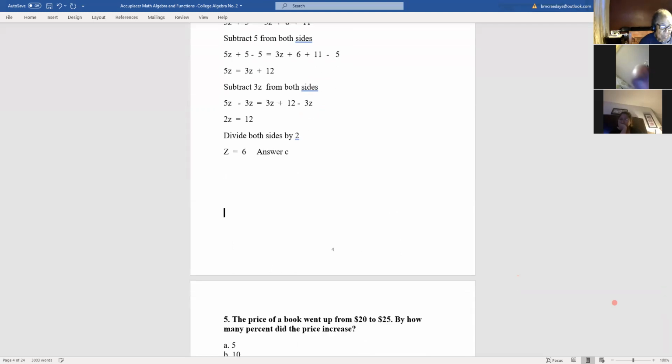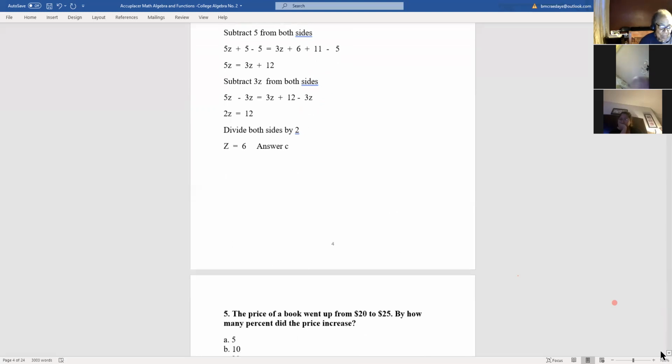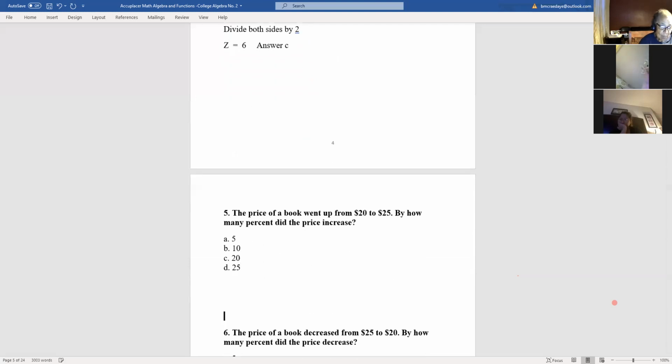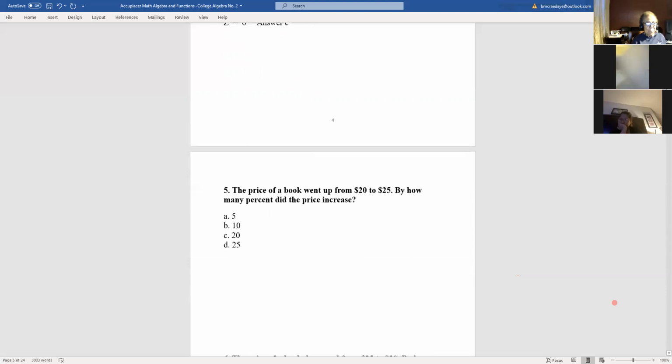The price of a book went up from 20 to 25. By how many percent did the price increase? So it's going to be the increased price minus the original price, divided by the original price, and convert that fraction to a decimal.